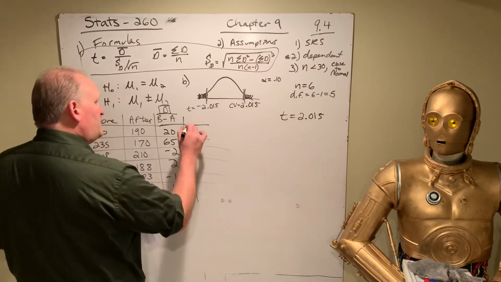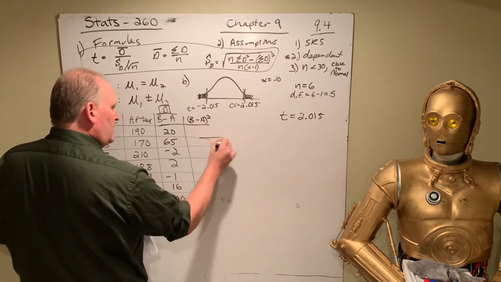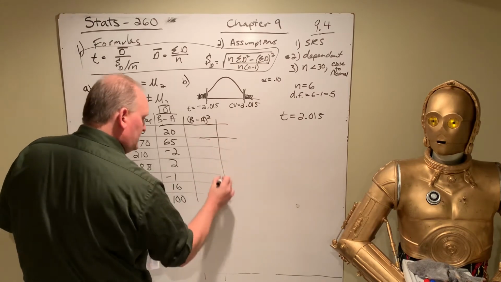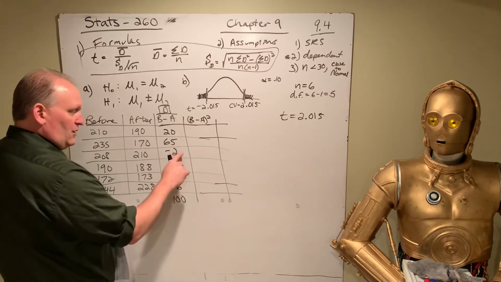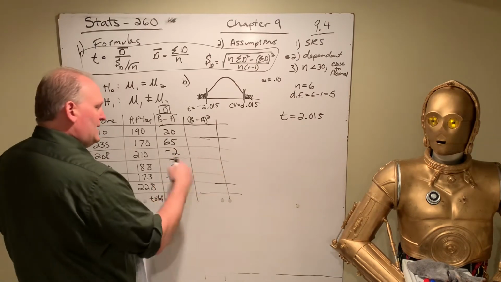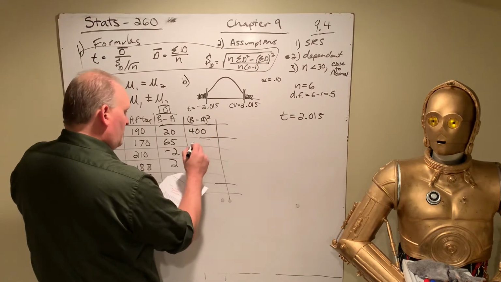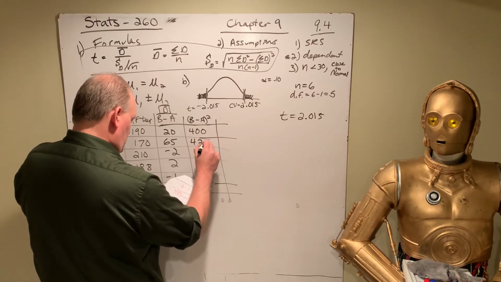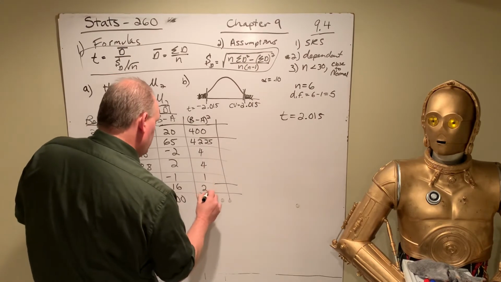Now we're going to do D quantity squared. Usually we're doing that in statistics because we want to account for both positive and negative moves. So by squaring it, it forces them all positive. 400, 4,225, 4, 4, 1, and 256.